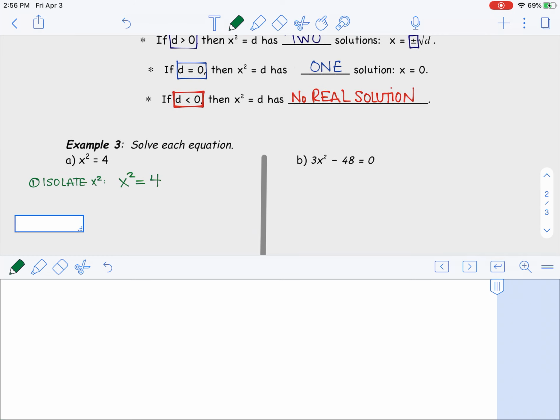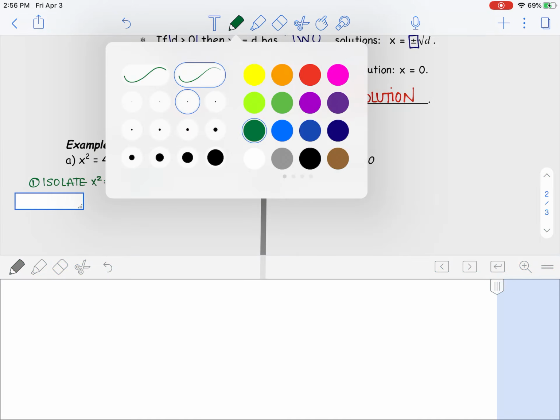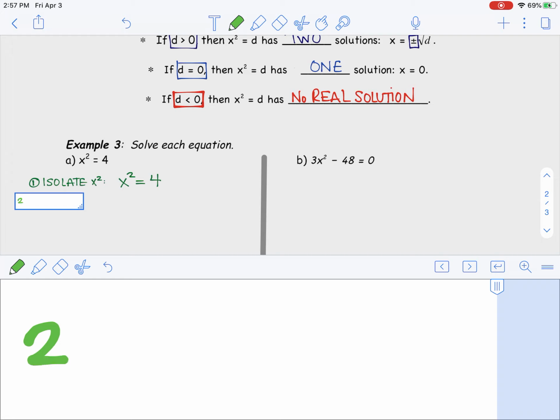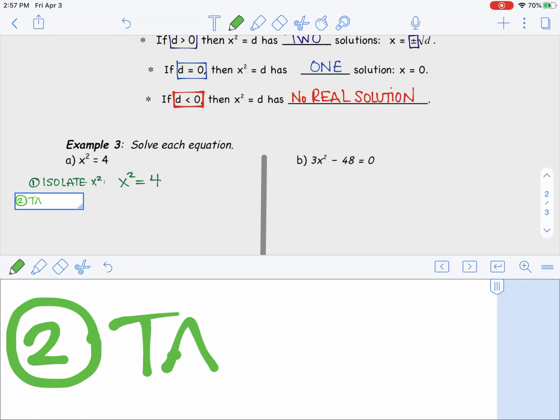Now, solving in math is a lot of just trying to use the inverse to get a variable on its own. So we're going to add an inverse in today. The inverse of squaring something is to take the square root. So in these particular situations where solving by square roots is an option, that is why the square root becomes important.